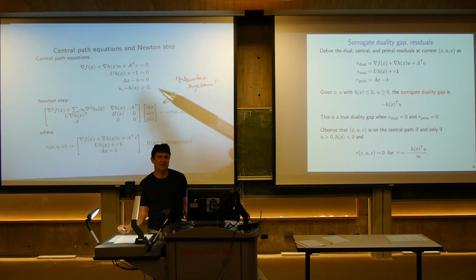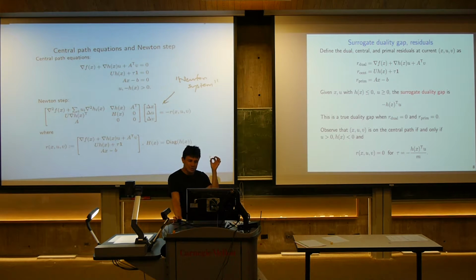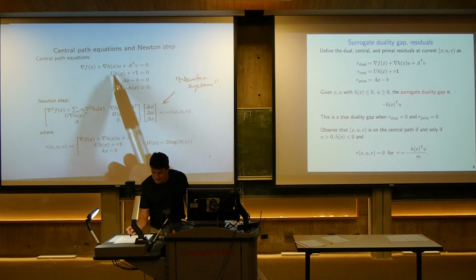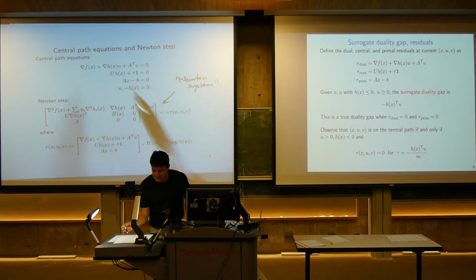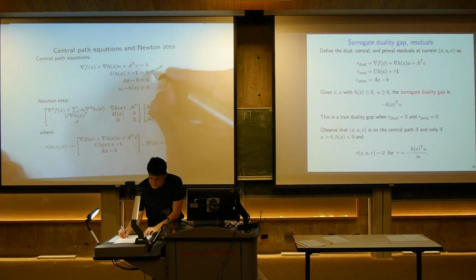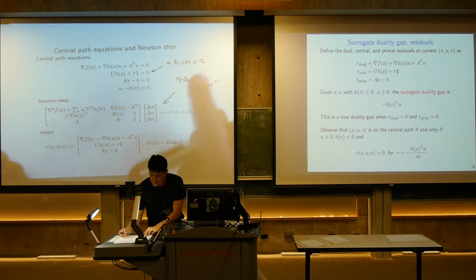Now, if you think about those equations, what that means is that the residuals all have to be equal to 0. Now, if the residuals are all equal to 0, then in particular, the middle block says that each u_i h_i is equal to minus tau.